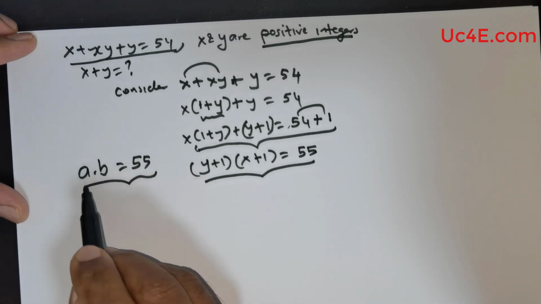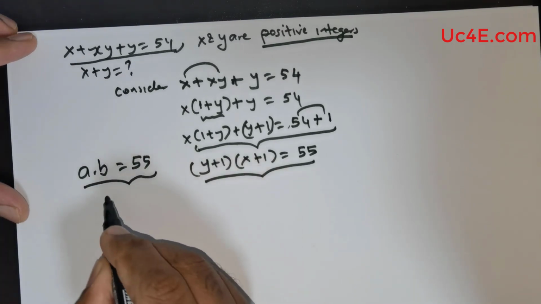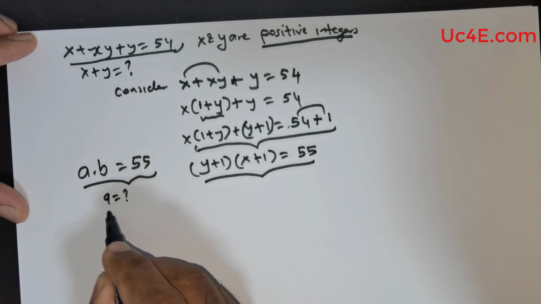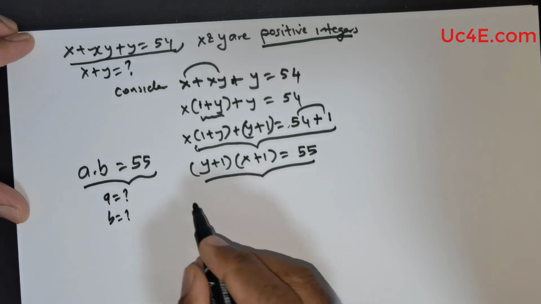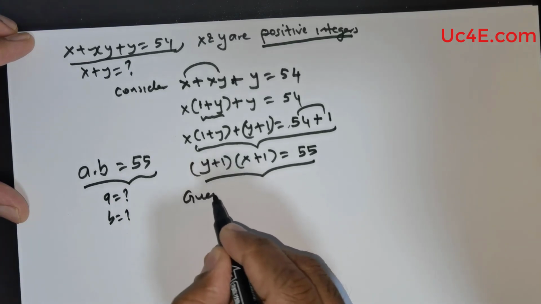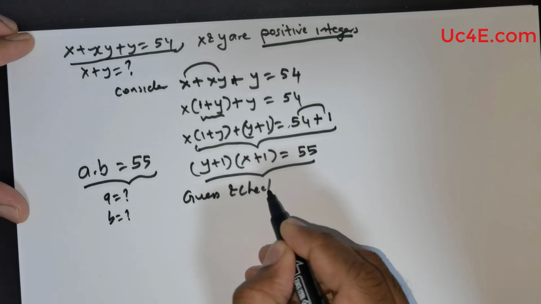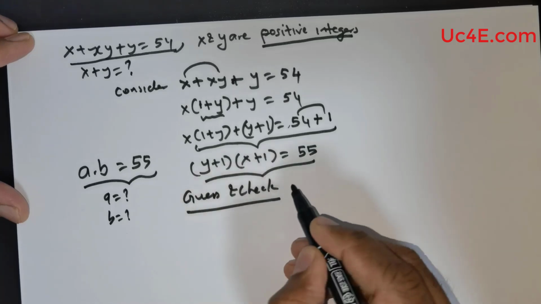When can I have the left hand side to be equal to right hand side? In other words, all I'm asking you to find is the value of a and b. Now in math there is an important field which is called guess and check, right? Now this is a tool, right?